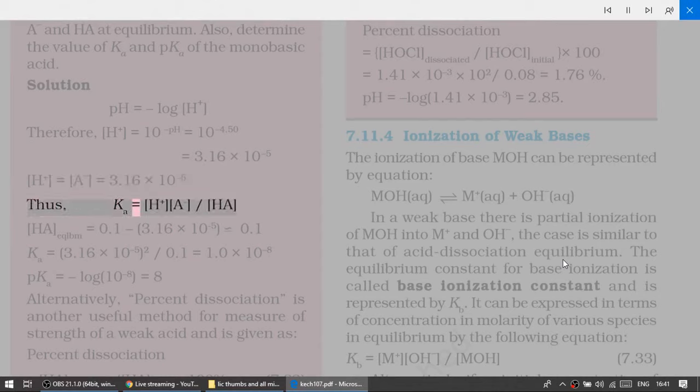Thus, Ka = [H⁺][A⁻]/[HA] at equilibrium = (3.16 × 10⁻⁵)²/0.1 = 1.0 × 10⁻⁸. pKa = −log 10⁻⁸ = 8.